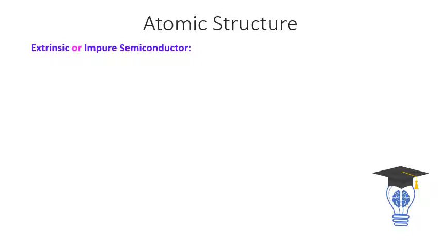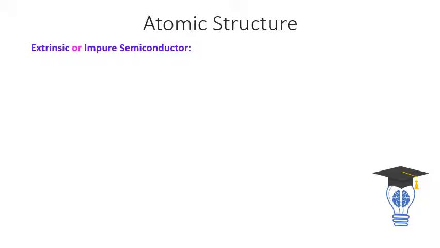Protons are positively charged and electrons are negatively charged. Since the charges on them are equal, they are electrically neutral. If the material contains only silicon atoms, it is in its pure form.